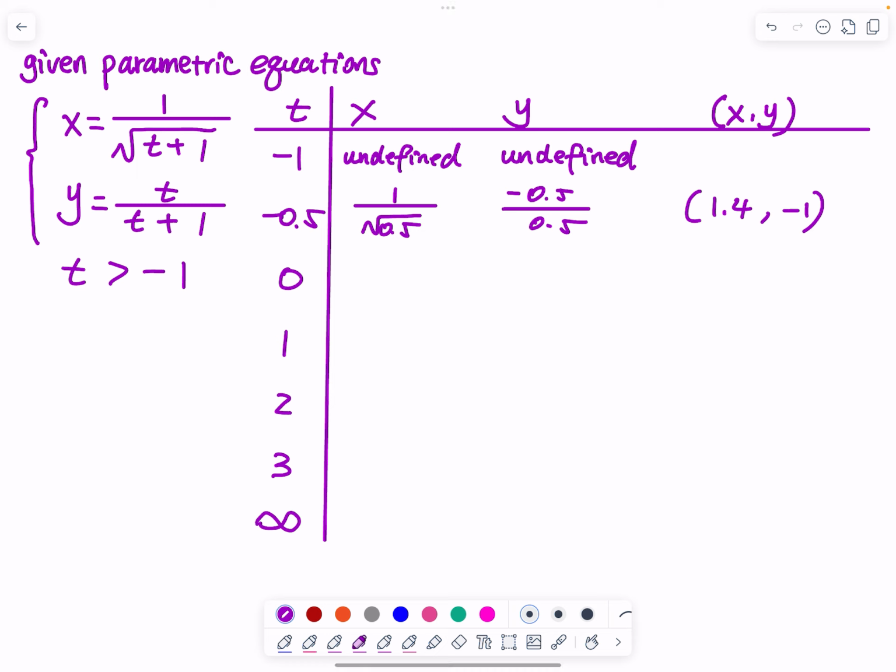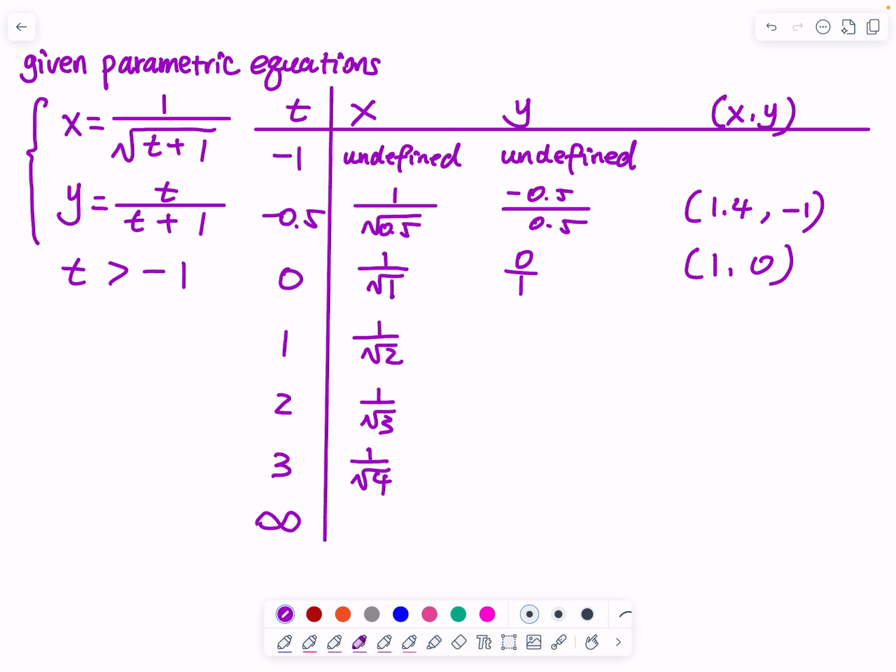When t is equal to 0, I have 1 over root 1, and then this is 0 over 1. So this is 1 comma 0. When t is equal to 1, I have 1 over root 2, 1 over root 3, 1 over root 4. We take care of the big t at the end.